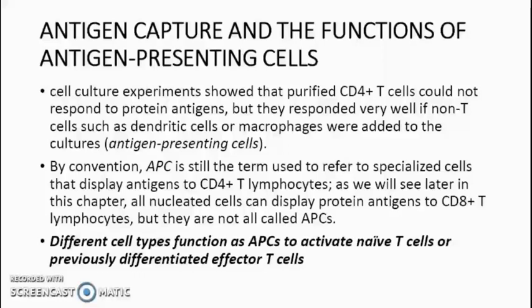By convention, antigen-presenting cells is still the term used to refer to specialized cells that display antigen to CD4 T lymphocytes. As we will see later in this chapter, all nucleated cells can display protein antigens to CD8 T lymphocytes, but they are not all called antigen-presenting cells. Different cell types function as antigen-presenting cells to activate naive T cells or previously differentiated effector T cells.